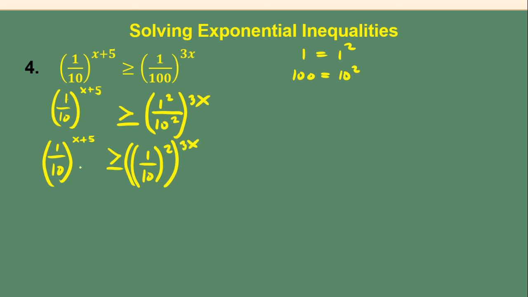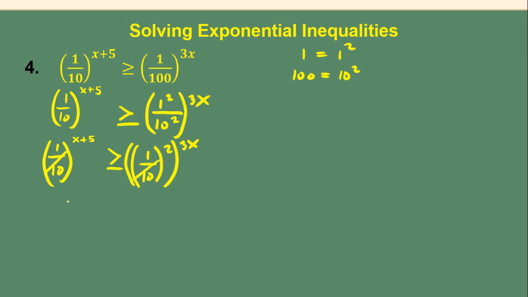Now that we have the same base, we can proceed. Remember that if the base is less than 1, then reverse the inequality symbol. So 1 over 10 is less than 1, so reverse the inequality symbol.